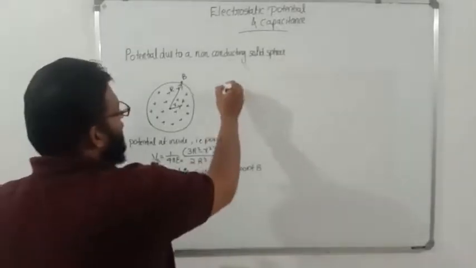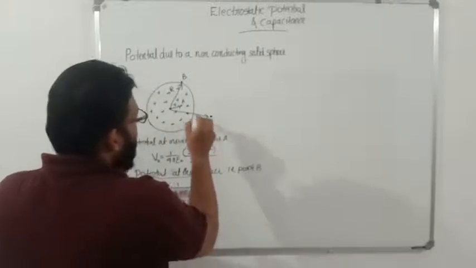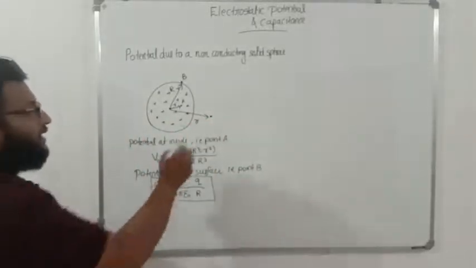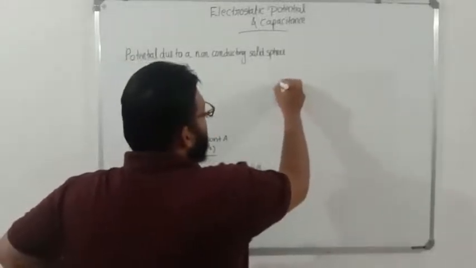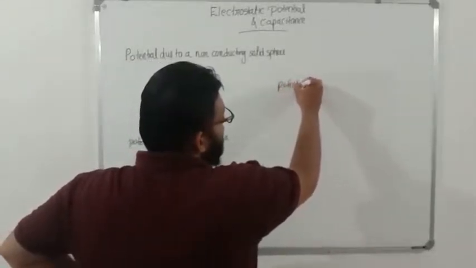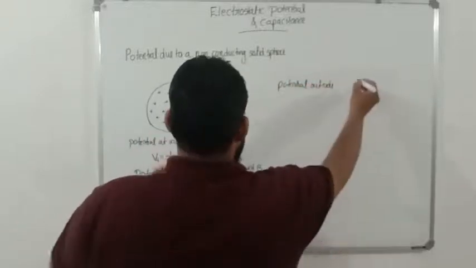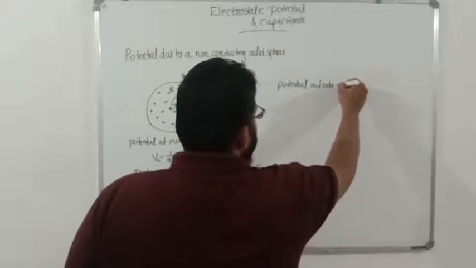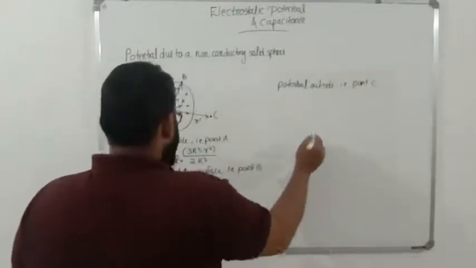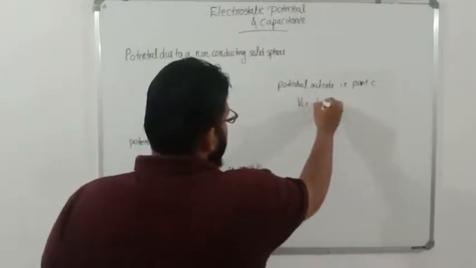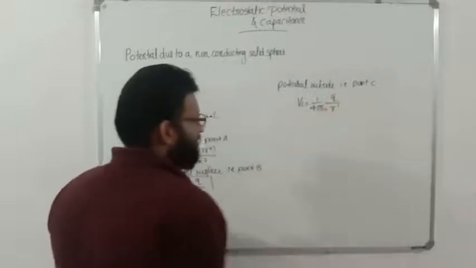Now when you select a point C, I am taking this point C also having another distance r. Look at here, maybe we can call it r dash, no problem. Then potential outside, that is point C. Then the potential VC is nothing but 1 by 4 pi epsilon 0 q by r dash.